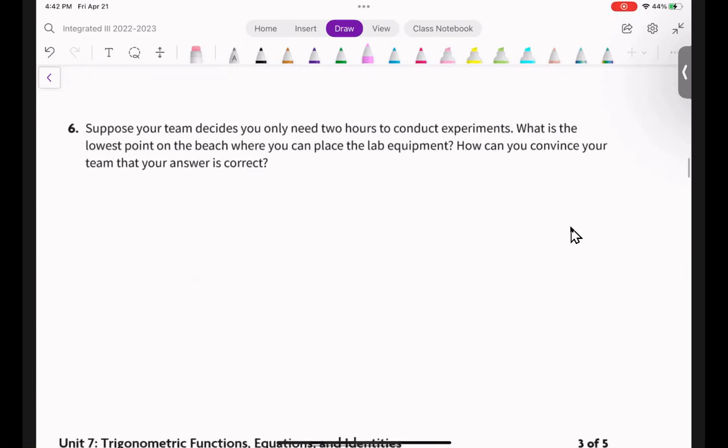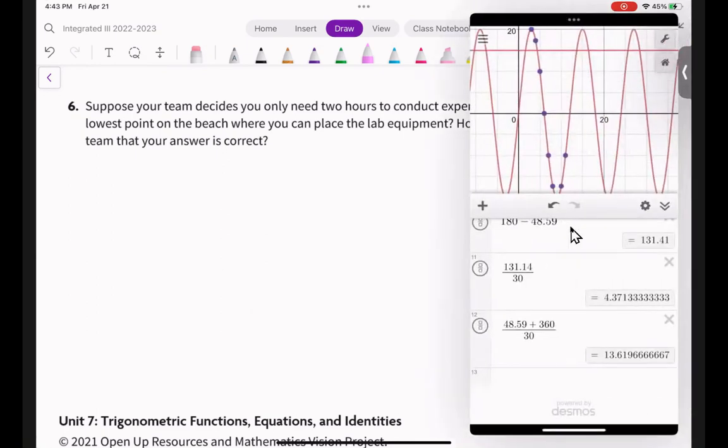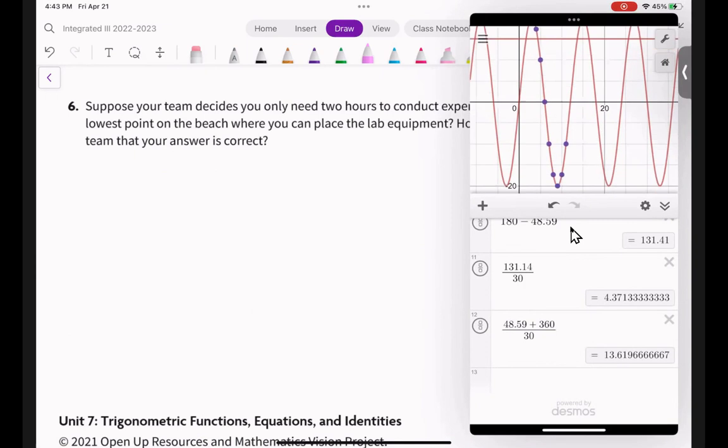It says, suppose your team decides you only need 2 hours to conduct this experiment. What is the lowest point on the beach where you can place the lab equipment? Okay, so now they're asking, we only need 2 hours.